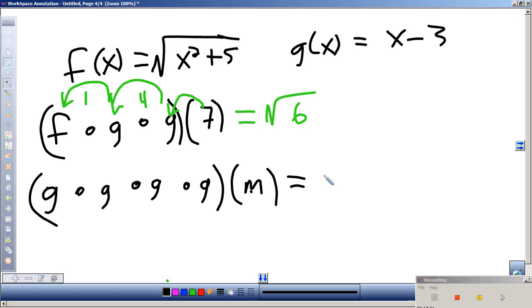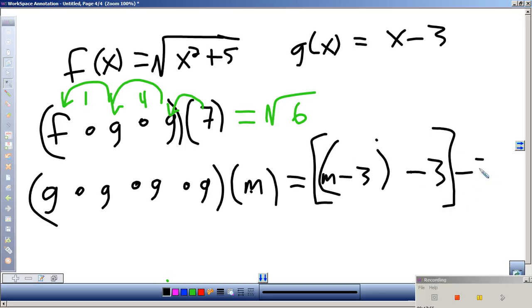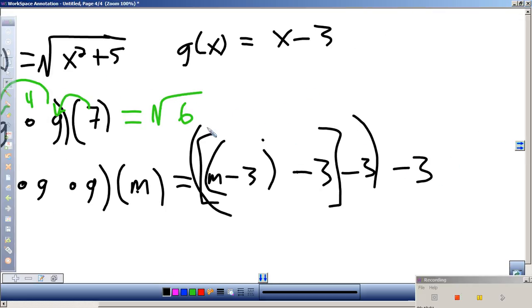Okay, so we're going to m minus 3, and then m minus 3, or sorry, m minus 3 minus 3 minus 3 minus 3. Would you simplify that?